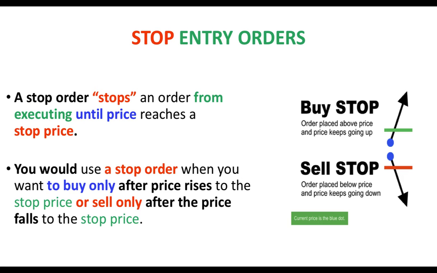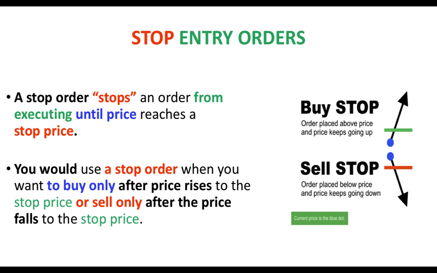The buy stop simply means an order placed above price, and price keeps going up. So if the market is at the blue dot and our entry would be above the market price, a future price that we believe the market will move to, as in the case of upward, which is buy or long.